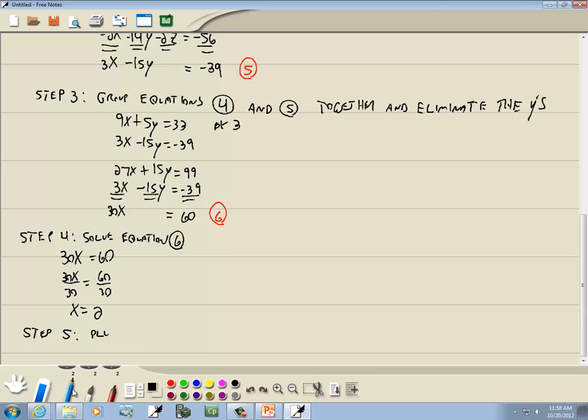Plug this value into equation 4 or 5 and solve.